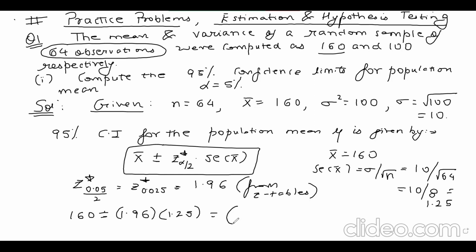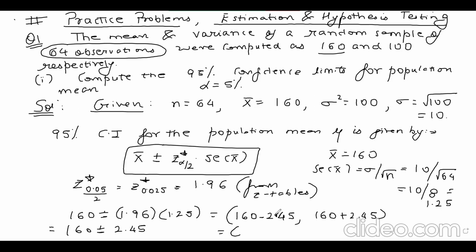So I can also write it as 160 plus minus 1.96 multiplied by 1.25, which is 2.45. So my lower limit is 160 minus 2.45. The upper limit is 160 plus 2.45.